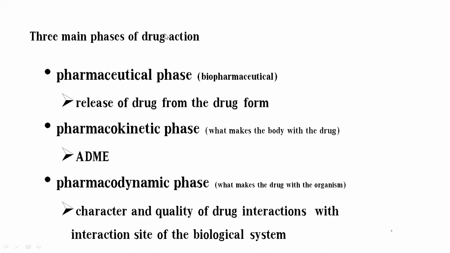Now how is this drug molecule going to show the pharmacological action on that target cell? There are three phases of drug action. First is the pharmaceutical phase, second is the pharmacokinetic phase, and the third is the pharmacodynamic phase.